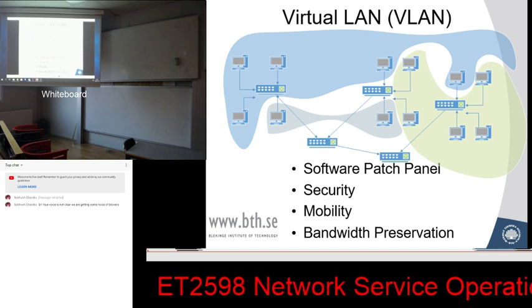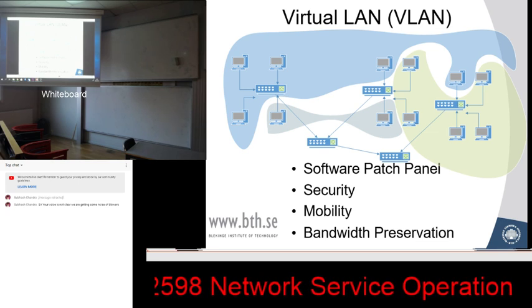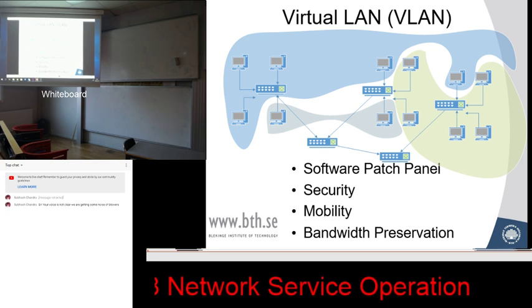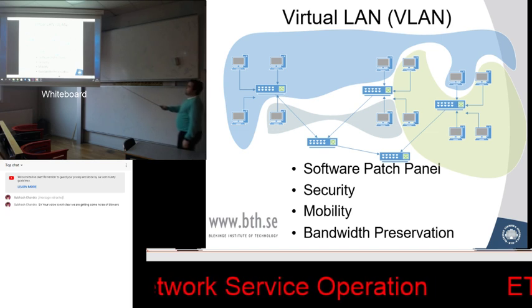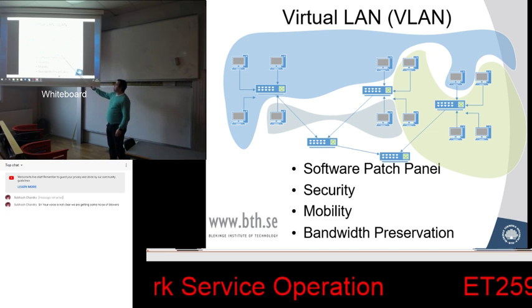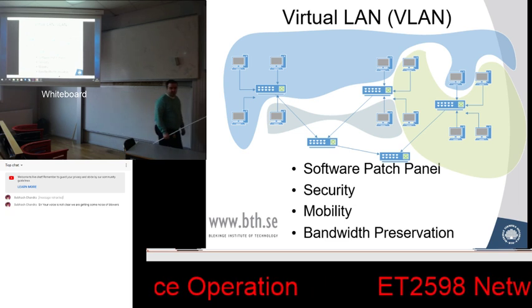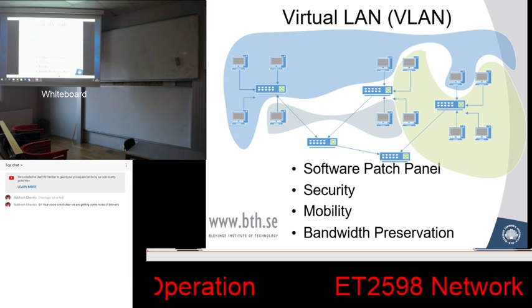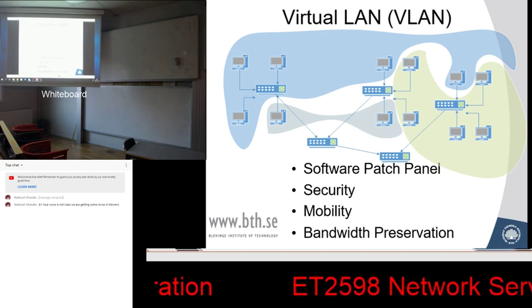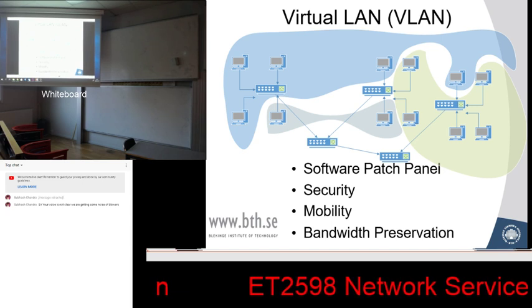Now, the drawback or the benefit, depending on how you see it, is that if you want to move a packet from that host to that host, it needs to go through a router, a layer 3 device, even if you're just on the second port adjacent to each other.